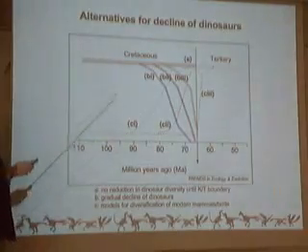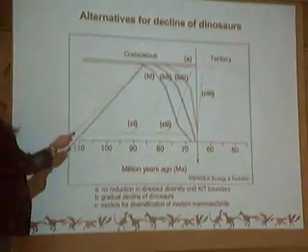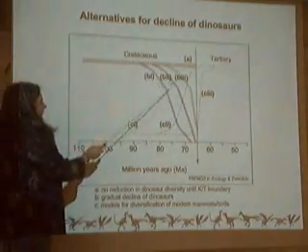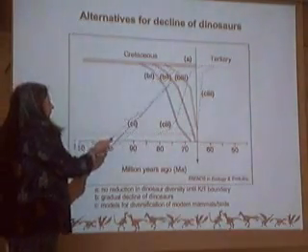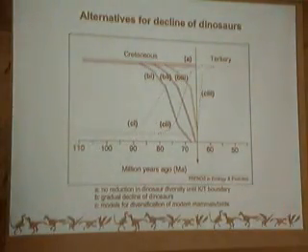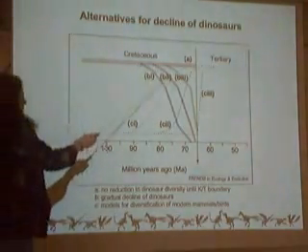Or we could think about the scenario where some dinosaurs started to go extinct earlier on, and those are then what Penny and Phillips talk about, preferentially small dinosaurs that disappeared.